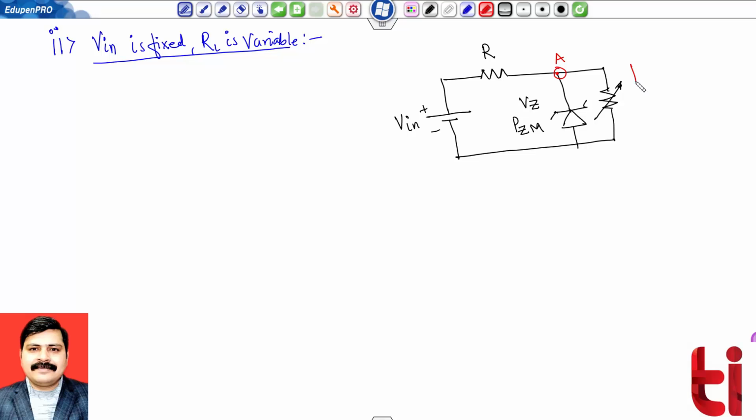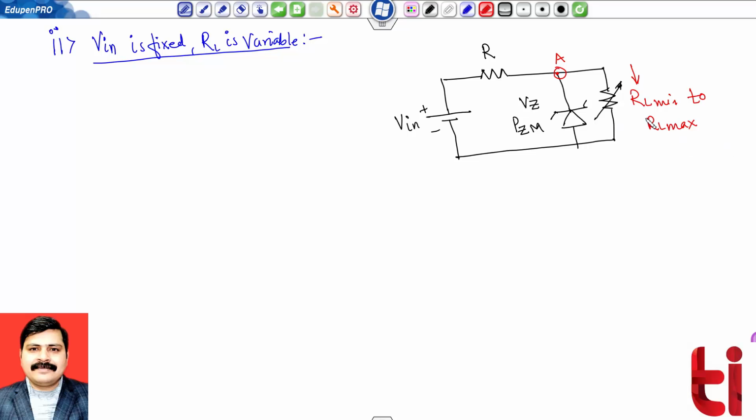You can check the value of load resistance. I'm mentioning RL, but rather than RL, there will be a range, RL min to RL max. I have to find the range of that particular resistance for which the value of voltage will be constant.